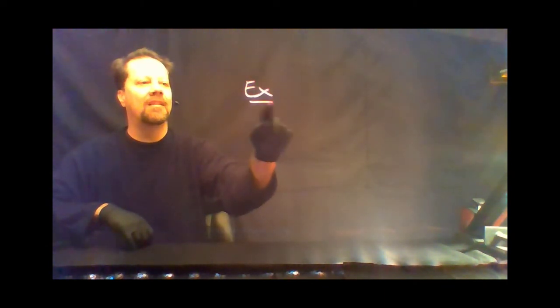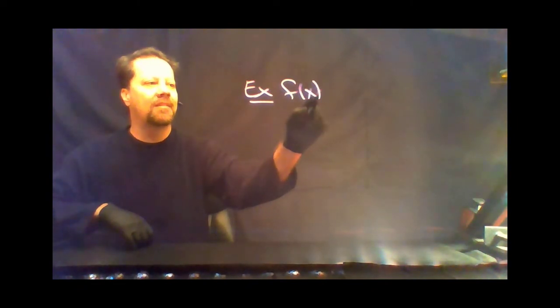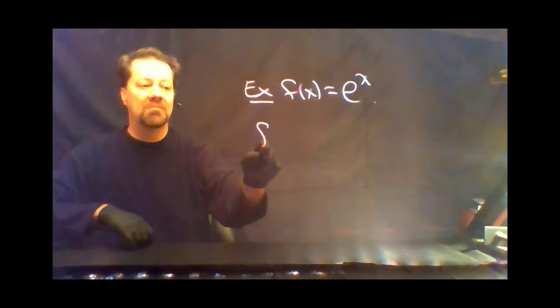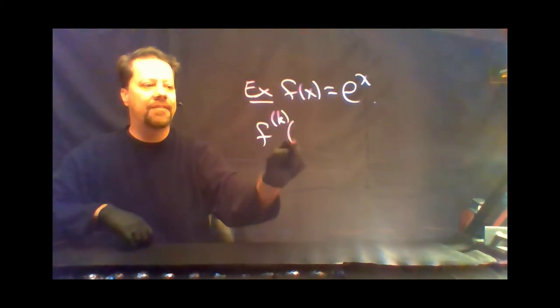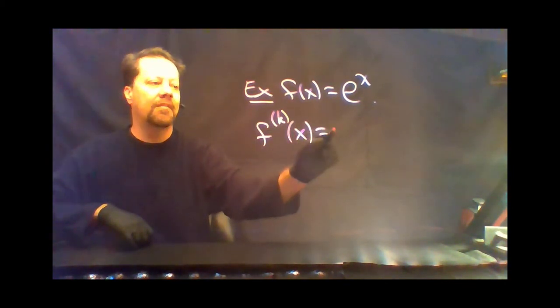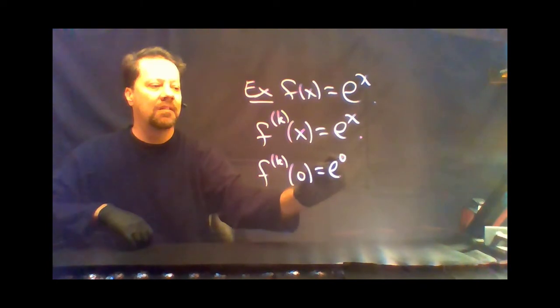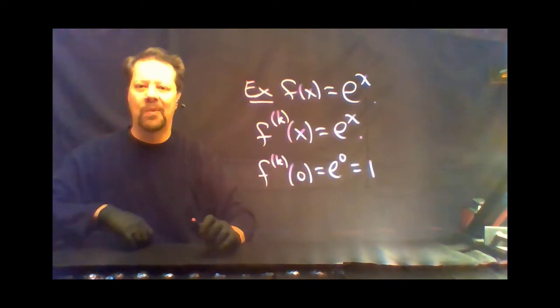Let's derive Maclaurin polynomial approximations to other functions that you know and love. The simplest one is e to the x, because all of its derivatives are e to the x. And so if we evaluate those derivatives at 0, we get 1.